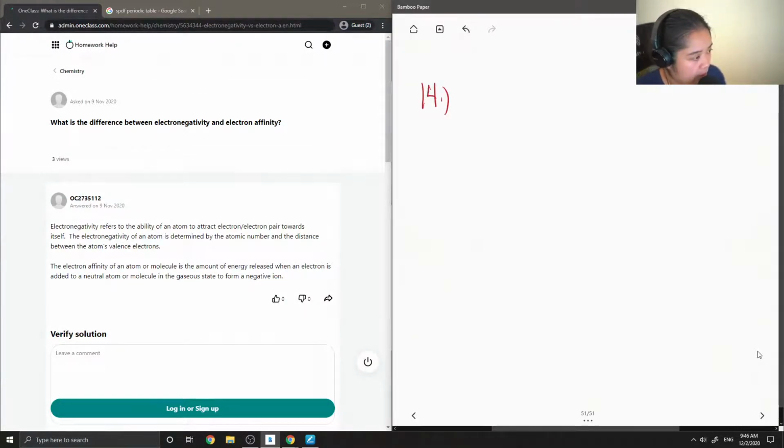What is the difference between electronegativity and electron affinity? So you can see them as kind of like the opposite of each other.